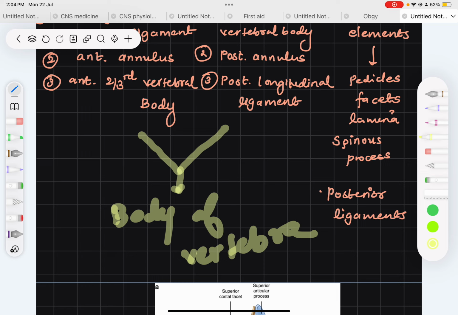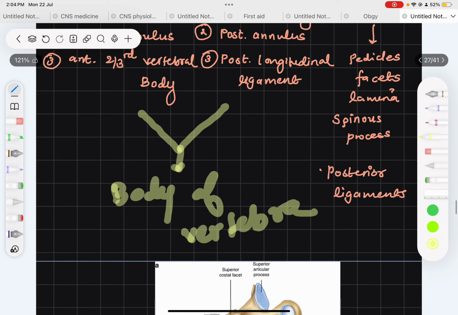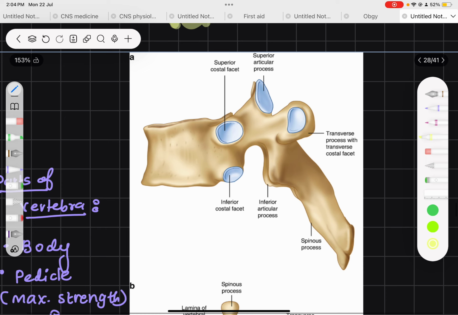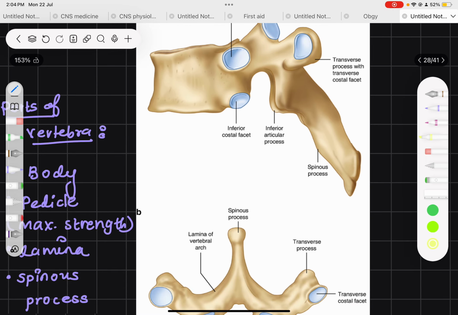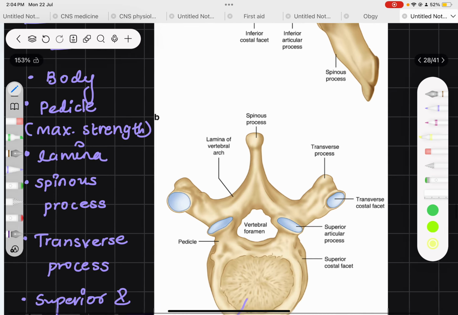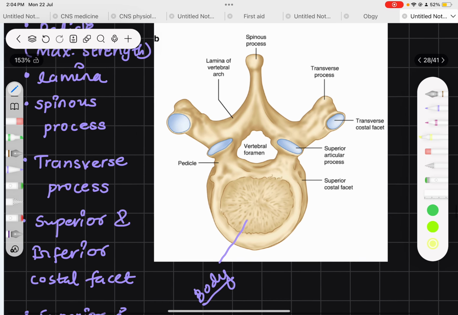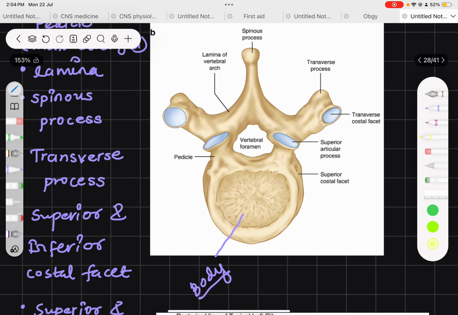So the spine is a series of vertebrae, and we have divided the spine vertically into 5 parts: cervical, thoracic, lumbar, sacrum and coccyx. Now we are going to learn about each vertebra. The first and second vertebrae are slightly different from the rest, so we are learning the typical vertebra.